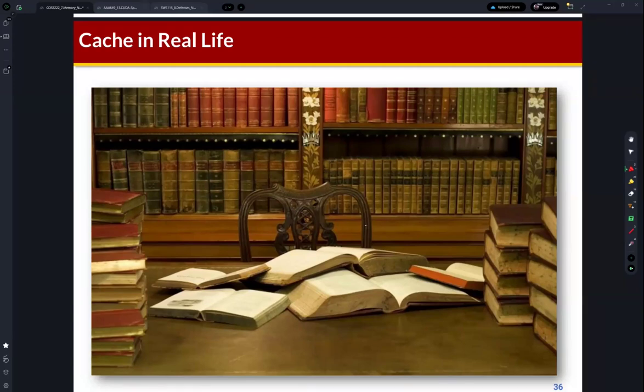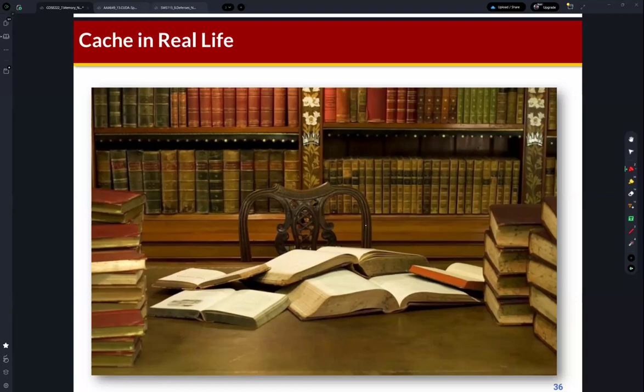We can access a large amount of data, which means we can read a large amount of books. We can access many books on the bookshelf.